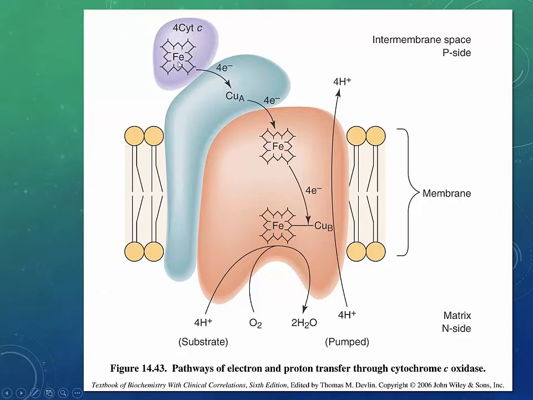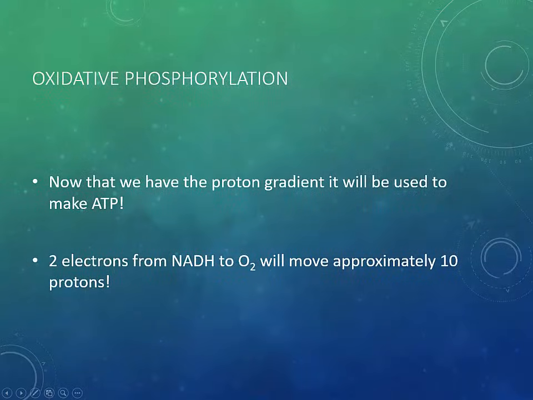So cytochrome c starts depositing electrons, 4 electrons, onto iron, copper, iron, and then 4 protons plus the electrons plus the oxygen gives you water. We will also simultaneously pump 4 protons out of the matrix and into the intermembrane space. Okay, we now have that gradient, and we can use that gradient to make ATP.